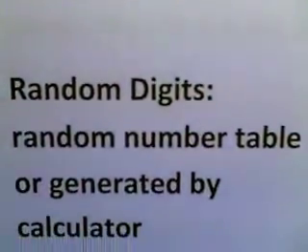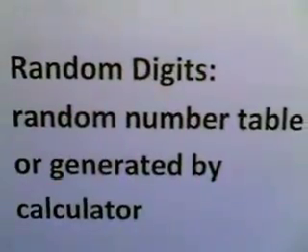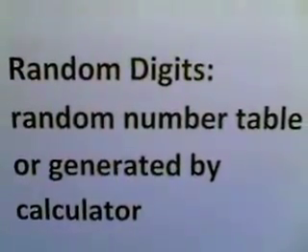One way that we can do random sampling is by using a random number table. Now you have one in your book at the bottom of page 493 that you will be able to use. But there are many different random number tables, this isn't the only one.